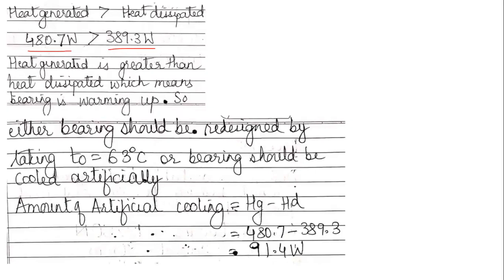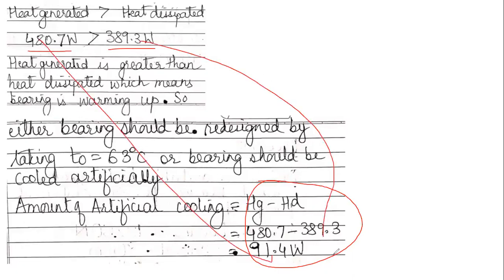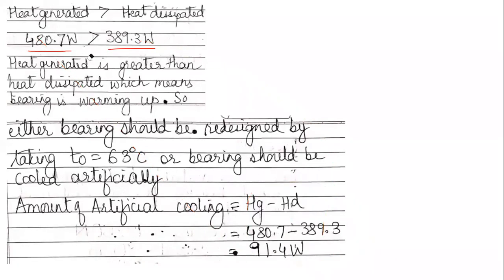So if heat generated is greater than heat dissipated, artificial cooling should be done. The amount of artificial cooling is Hg minus Hd, that is 480.7 minus 389.3. Answer is coming 91.4 watts.